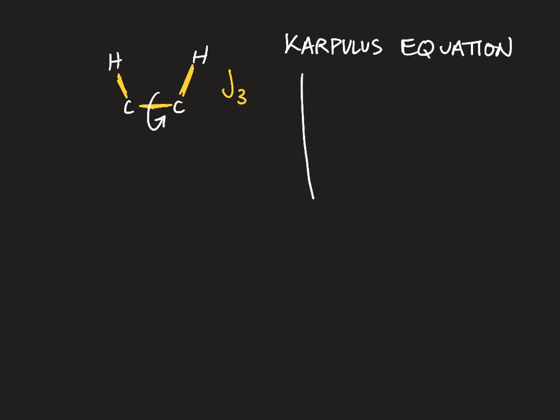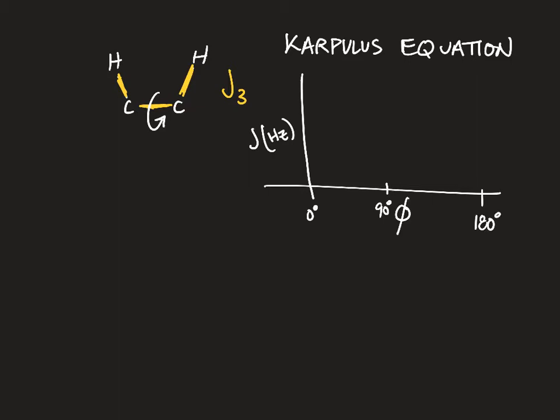If we plot the Karplus equation, it has bond angle on the x-axis, and it has J in hertz on the y-axis. So this is 90 degrees, this is 0 degrees, and this is 180 degrees.